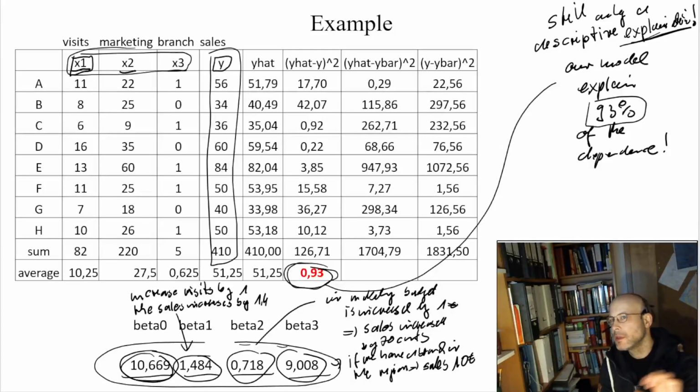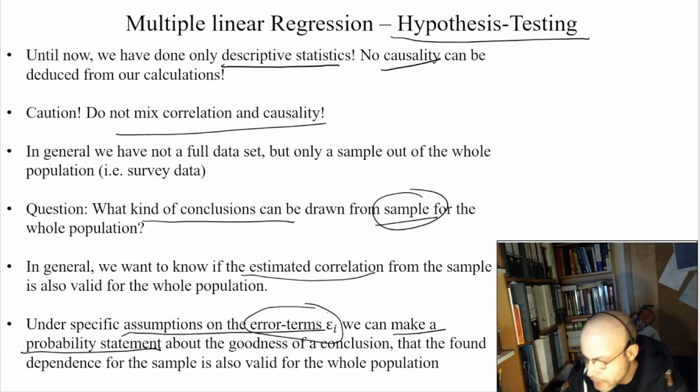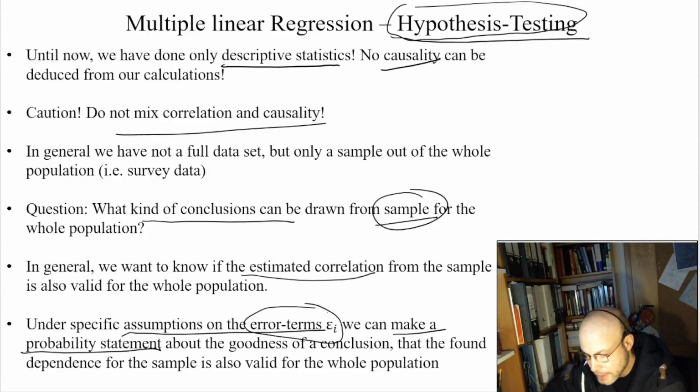So it could be also the case that it is just the other way around, that y causes x1. And in order to give an answer to this question, what is the causality? For this, we will deal with the hypothesis testing.